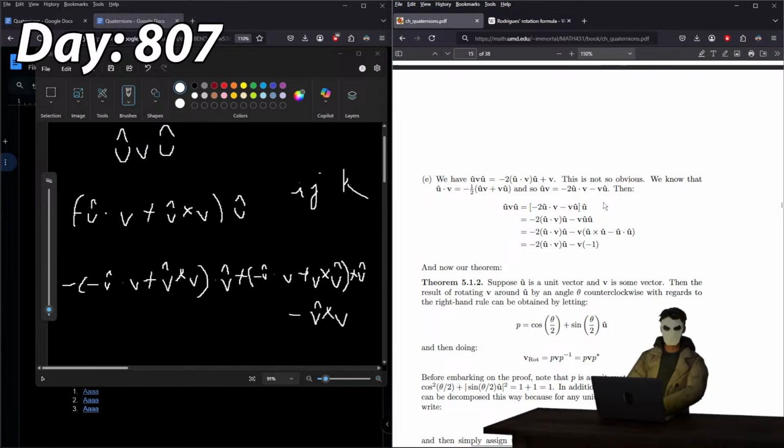We double it and give it to the next person. Wait, why is this a dot? Why is this not? I'm losing my mind. This turns into this. Why? I don't know.